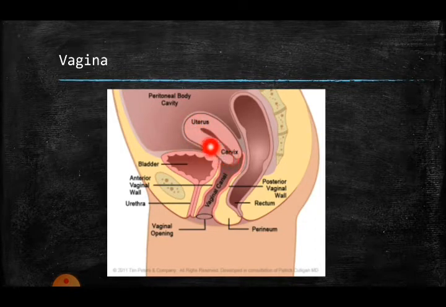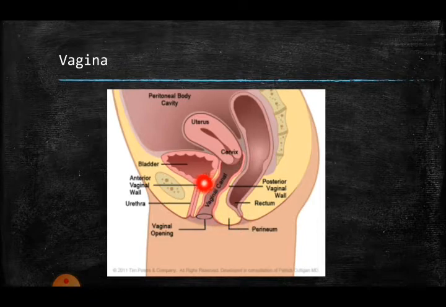This is the body of the uterus, the narrow part. This is the cervix, and this is the vagina. And here this is the external vaginal orifice that is opening within the vestibule. Next, we looked at the perineum, which we know is a triangular area that lies between the vestibule anteriorly and the anus posteriorly.